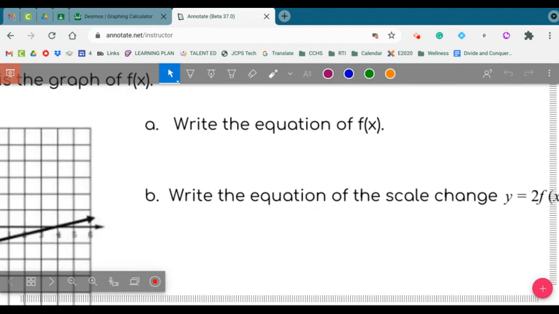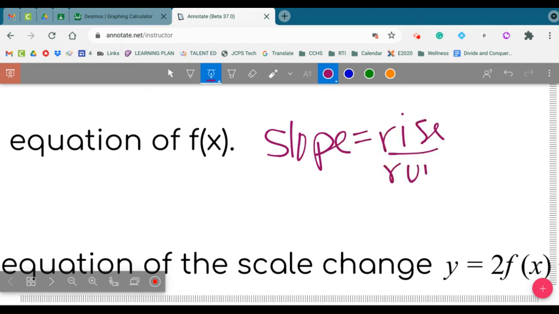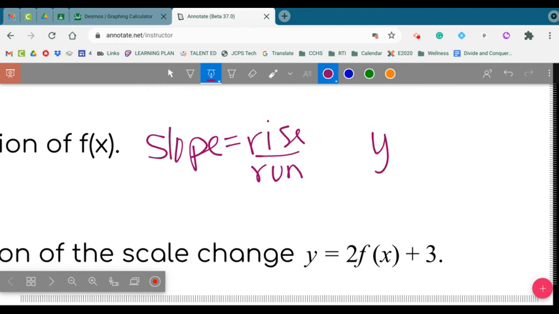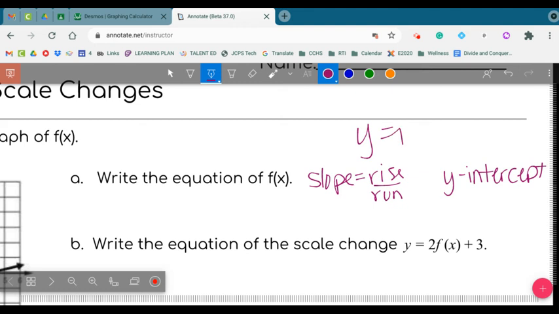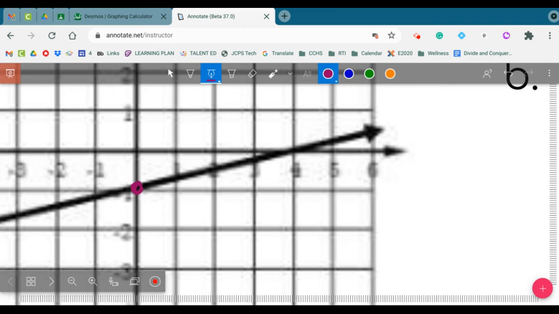So the two things that you want to find whenever you're writing your equation are your slope, which is your rise over run, and your y-intercept. Those are the two things you want to find because you want to be able to put it into y equals mx plus b form. So I'm going to find my y-intercept. My y-intercept is (0, -1), and then I'm going to find my slope.